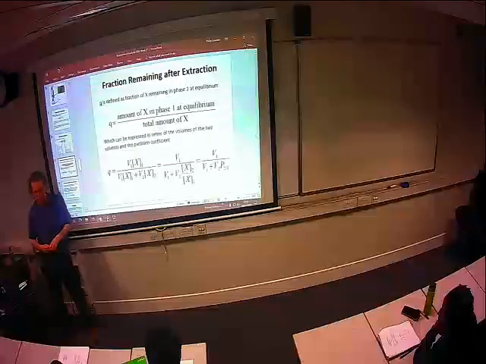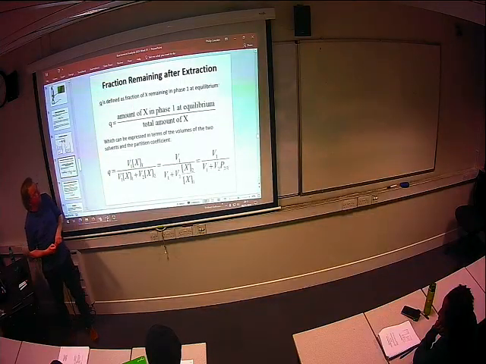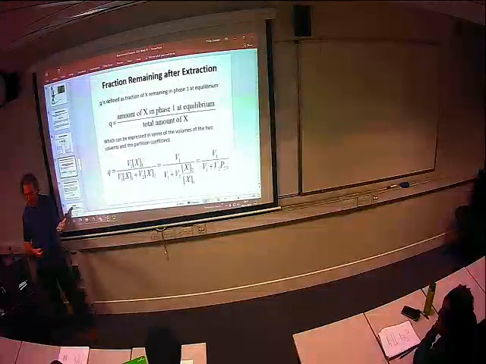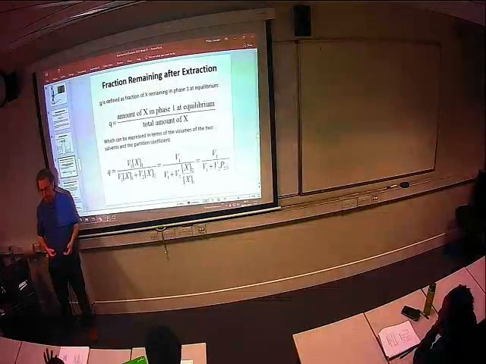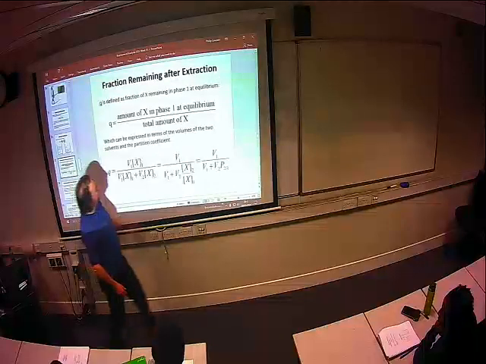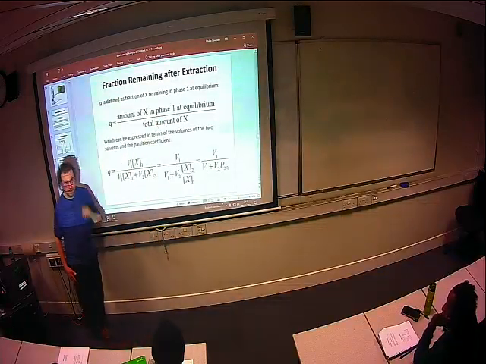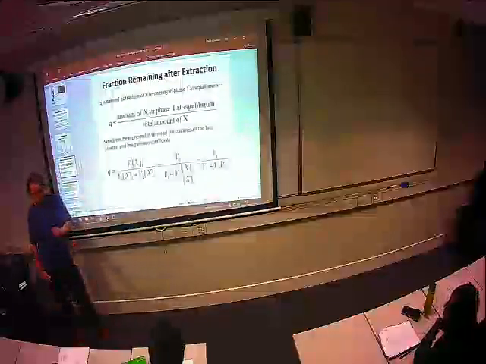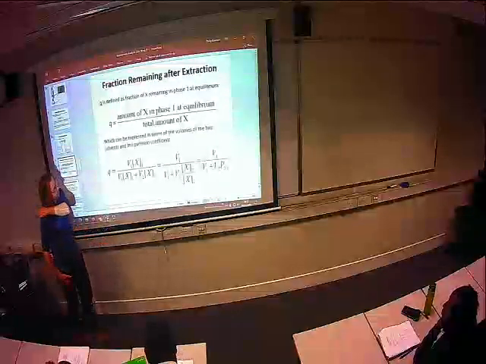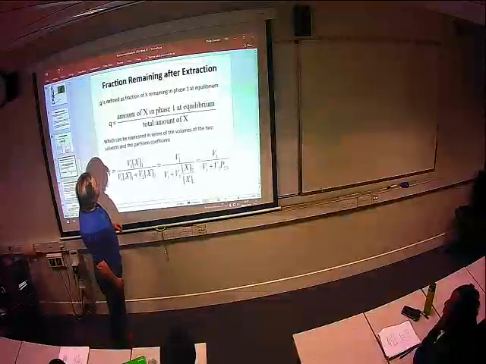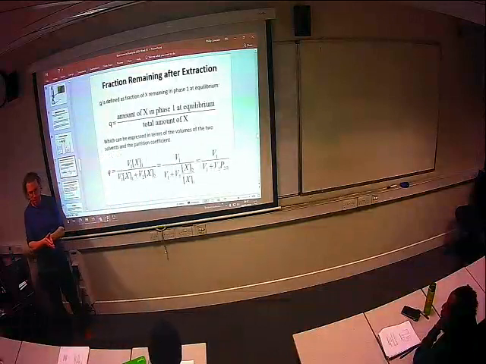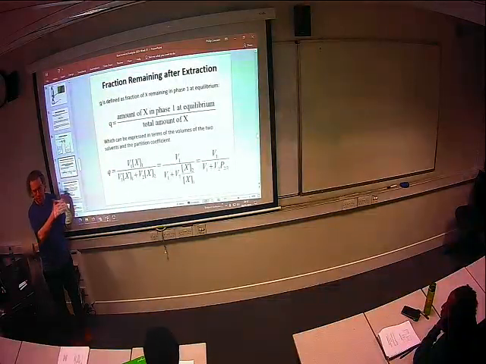We can think about this term Q, which is a measure of the fraction of the solute we're trying to extract that is left behind in the first liquid. Phase 1 is the original liquid it's present in. Phase 2 is the solvent that we're using to extract it into. So it's the ratio of how much is left behind after the extraction compared to how much was there at the beginning.